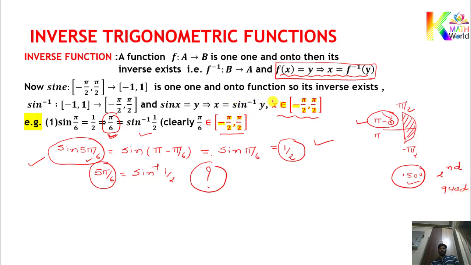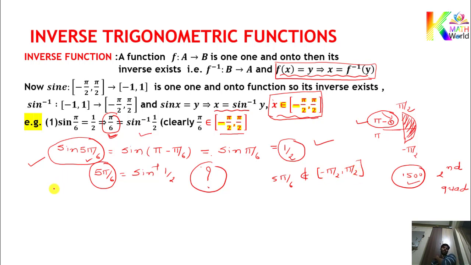While here, for the sine inverse function, x must lie between minus pi by 2 and pi by 2. It means x lies in this interval only. Then you can write x equals sine inverse y, otherwise not. Here 5 pi by 6 does not belong to the closed interval minus pi by 2 to pi by 2.